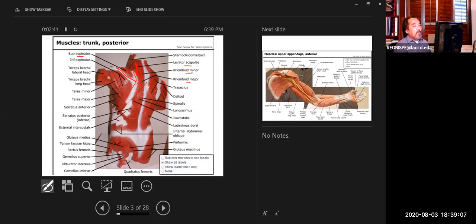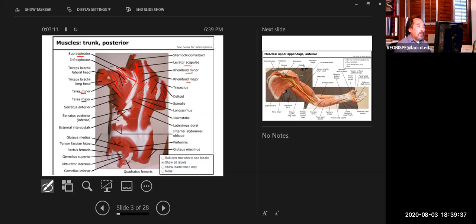We also have the trapezius removed, and the deltoid removed here, in order to see the muscles at the scapula. The first is supraspinatus, above the spine of the scapula; infraspinatus, below the spine of the scapula; and the one beside it is the teres minor. And then the other one underneath that is the teres major.